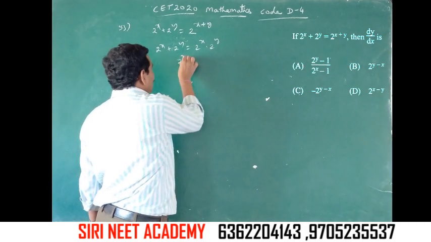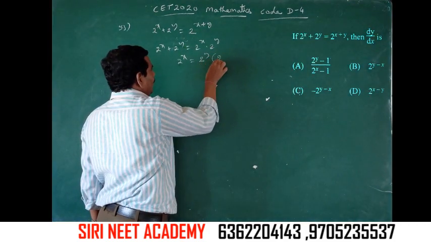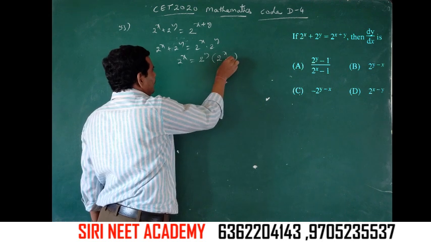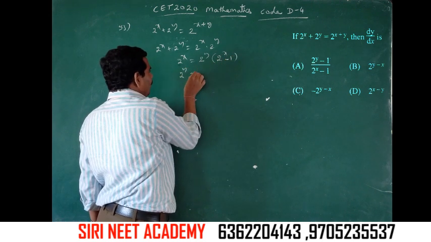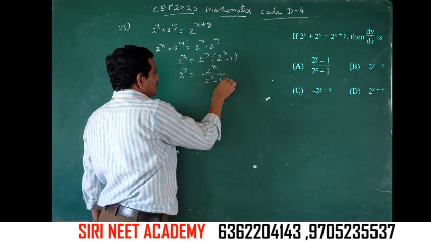So 2 power x is equal to, taking the right side and counting, 2 power y into 2 power x minus 1. So 2 power y is equal to 2 power x divided by 2 power x minus 1.